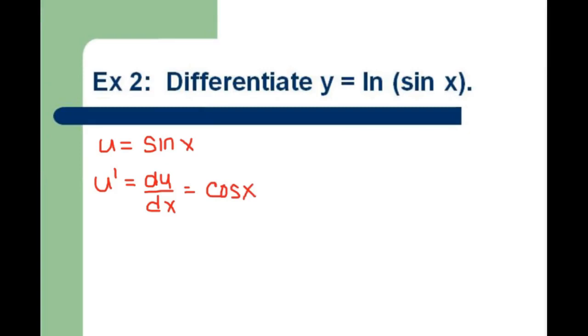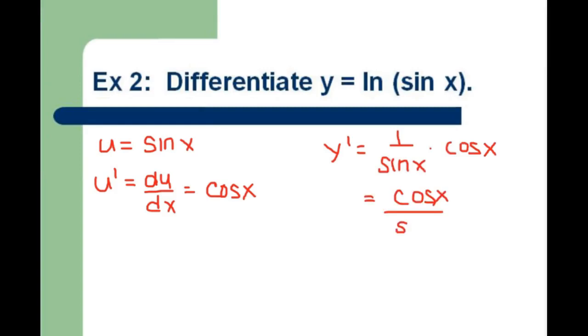So my y prime is 1 over sine x times cosine x. But cosine x over sine x is cotan. So the derivative of the natural log of sine x is cotangent x.